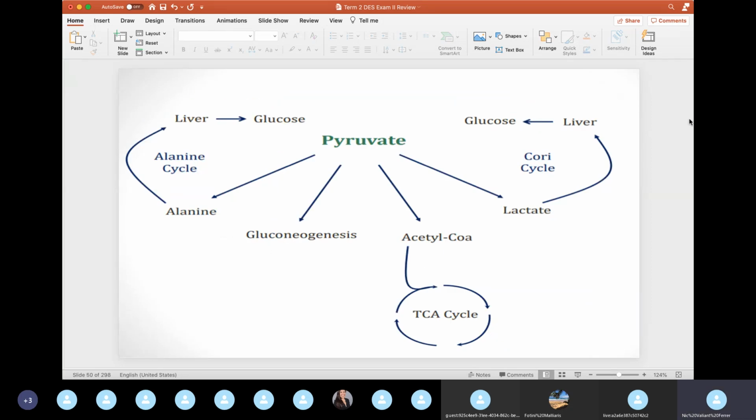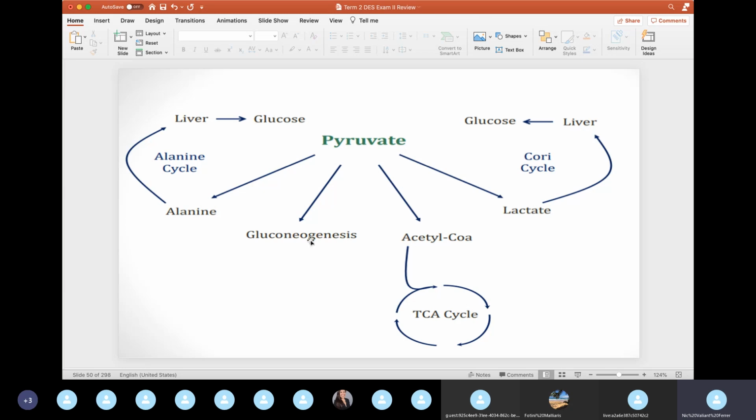What is the fate of pyruvate? We talked about pyruvate can be converted to lactate, right? Via lactate dehydrogenase. And then this lactate can go to the liver via the Cori cycle to be converted back to glucose. Or pyruvate can become acetyl-CoA via pyruvate dehydrogenase. And acetyl-CoA is going to go to your beautiful TCA cycle, which we're going to talk about later, to make ATP.